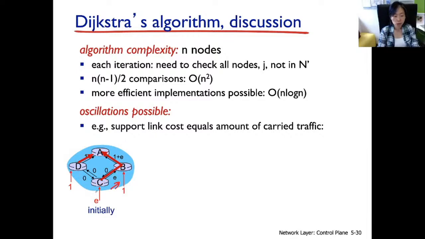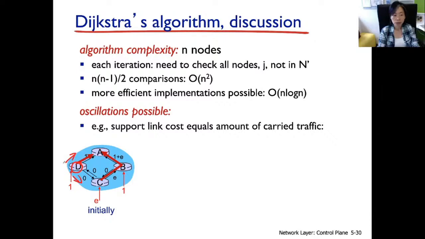C also sees two possible paths. If we take this direction, the cost is e plus 1 plus e, and that is 1 plus 2e. The other direction, the cost is 0 plus 1, therefore 1. And therefore, C would choose to go also clockwise to send traffic to A. Similarly, D also sees two paths.